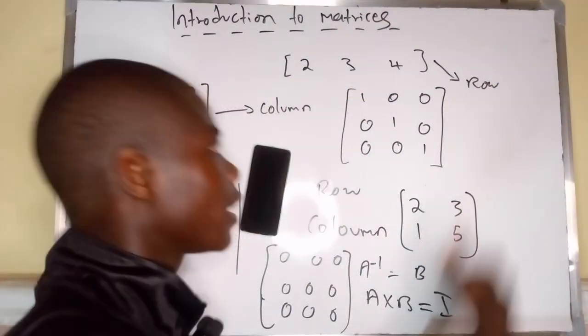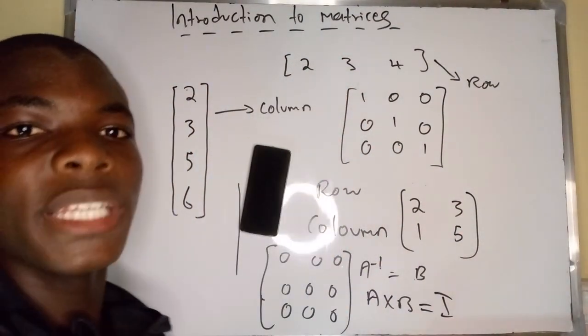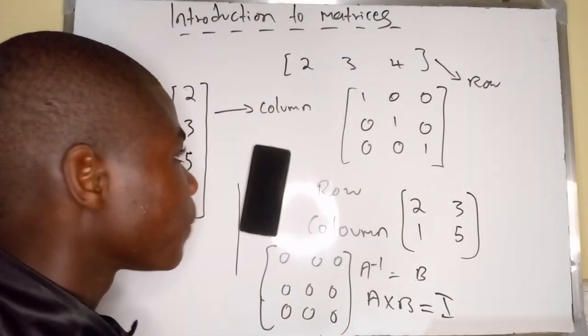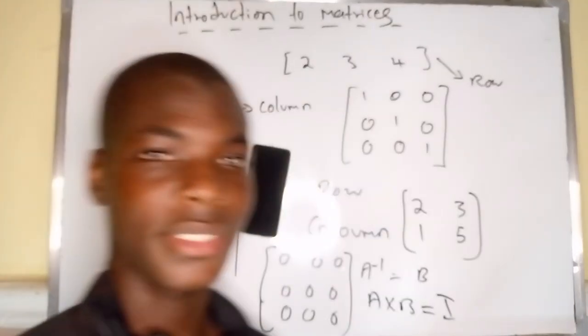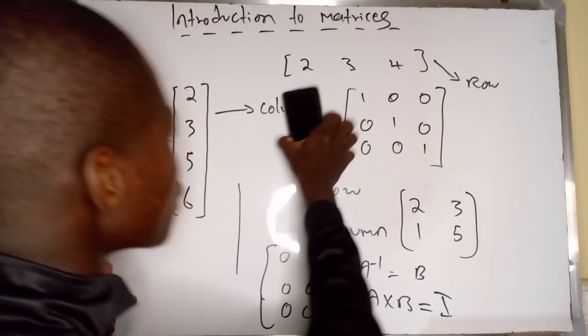Whenever you see the diagonals are completely one, this is what we call the identity matrix. So let me show you something.